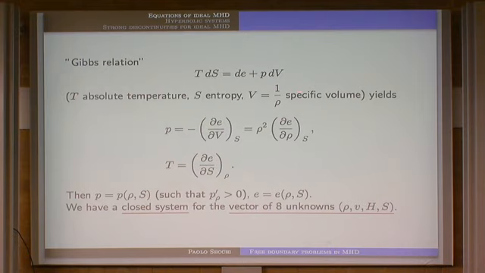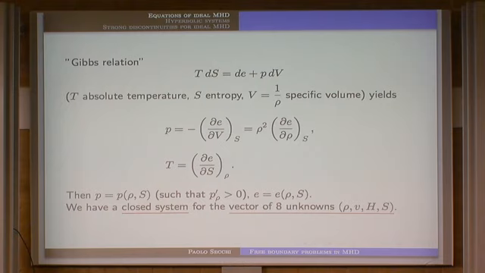We can see that P is this derivative, so it can be written in terms of ρ and S, for example, and also T can be written in terms of ρ and S. So if we choose ρ and S as thermodynamic independent variables, then P and E can be written as functions of these quantities. The form of the function depends on the constitutive law of the fluid.